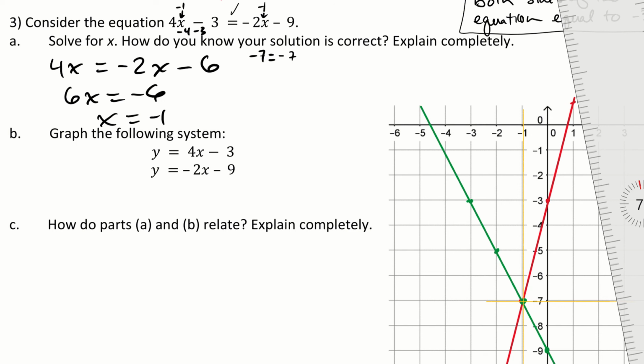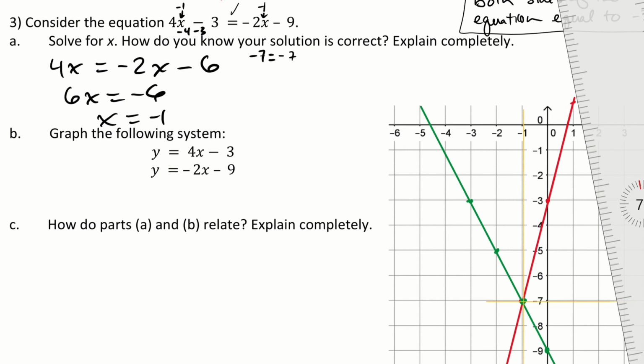The left-hand side becomes y equals 4x minus 3, and the right-hand side becomes the function y equals -2x minus 9. And what's nice is now we can track multiple values of x and y for those individual systems or individual equations and figure out where they line up with each other. And where they line up is precisely the value of x that we found in the equation case, part A.